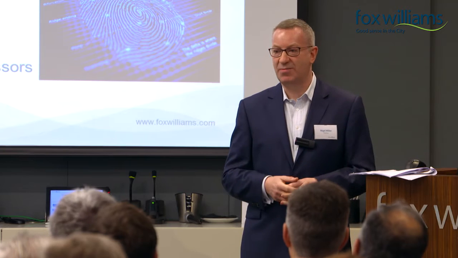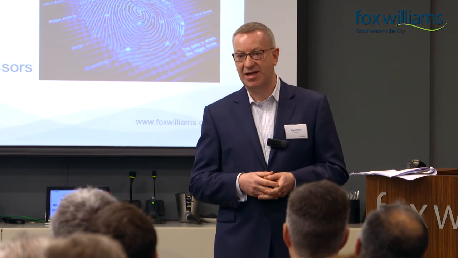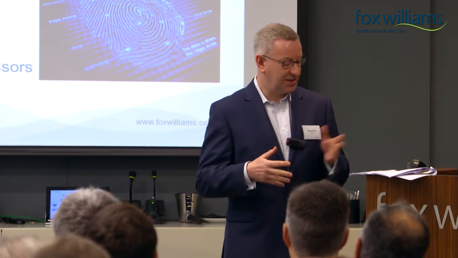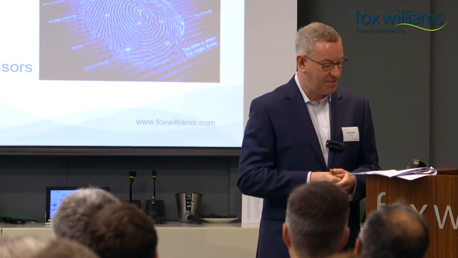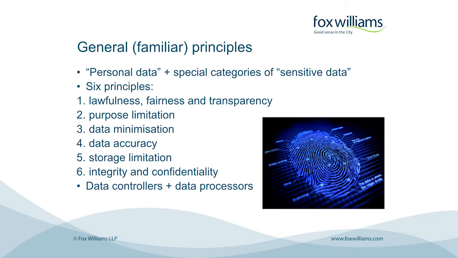The core data protection principles. Under the Data Protection Act we have the 8 data protection principles. Here we're speaking about 6, which are broadly the same, on the slide summarised. Hopefully many of those are familiar. Key ones being transparency, I'll come on to talk about that in a minute.